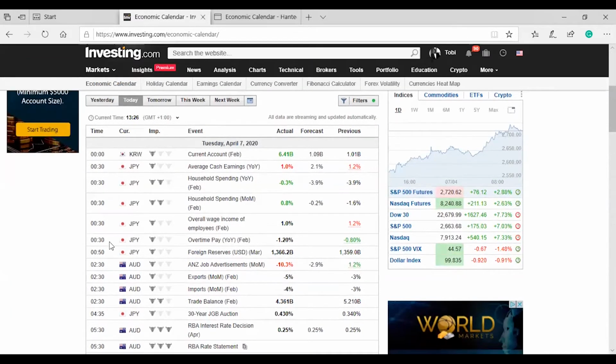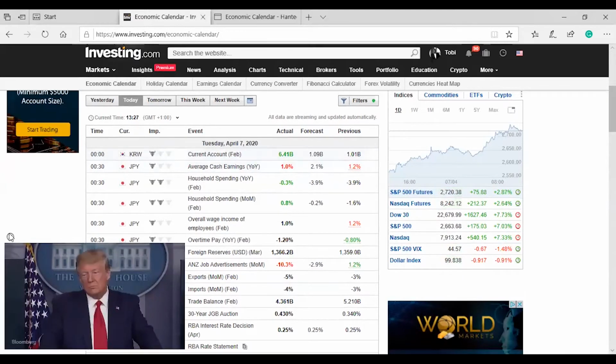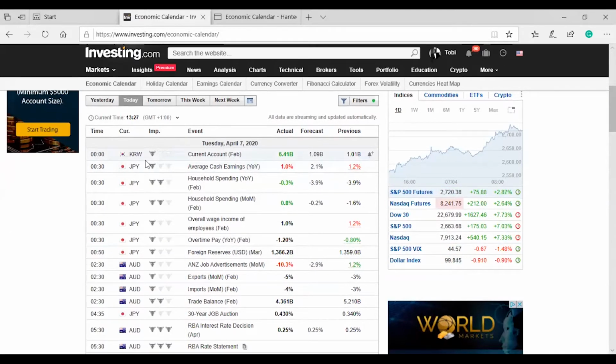It will give you the time, the currencies that will be affected, the importance. So you have 3 bulls: low volatility, medium volatility, and high volatility expected. Can you see? And if I click this link, it will take me to that decision or the information or the rates.